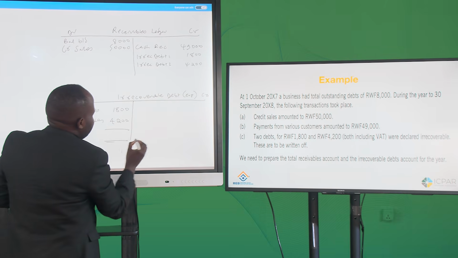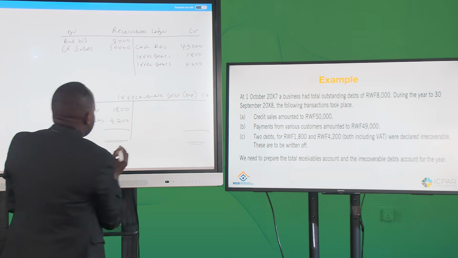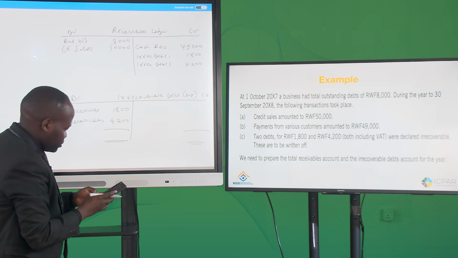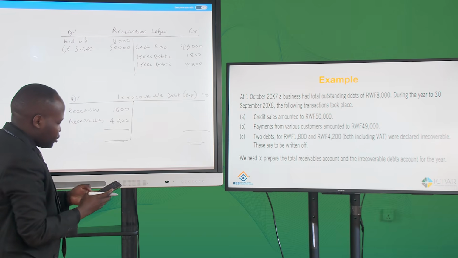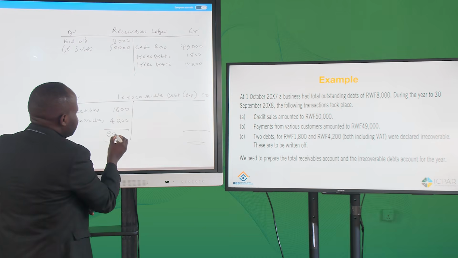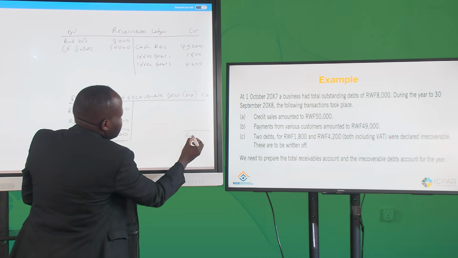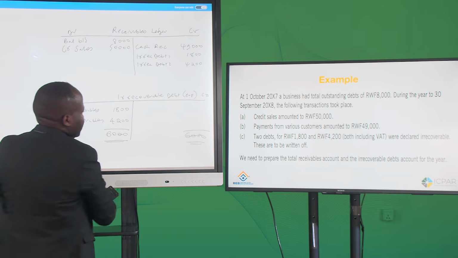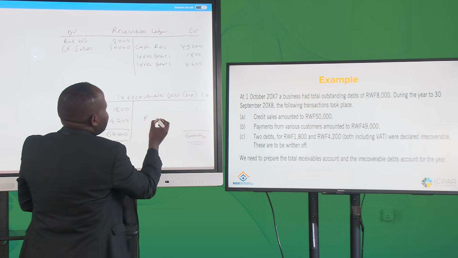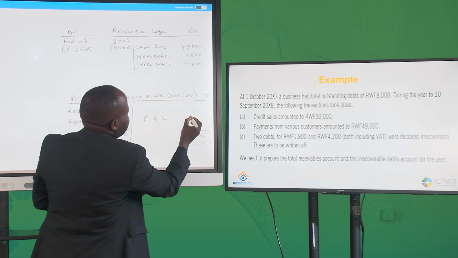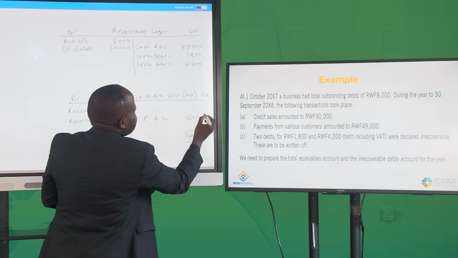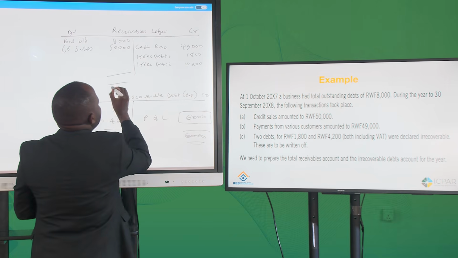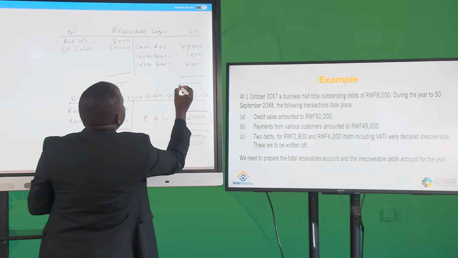So this is even easier to close. 1,800 plus 4,200 gives you a total of 6,000. So this irrecoverable debt goes to the P and L, the income statement. It is 6,000. And this other one should also be closed.